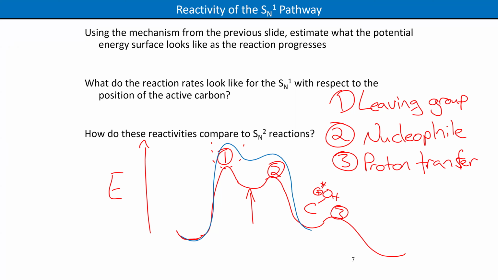Because our intermediate is less stable, the intermediate that's a result of our rate determining step, that step happens slower. So for SN1, tertiary is faster than secondary, is faster than primary, is faster than methyl.